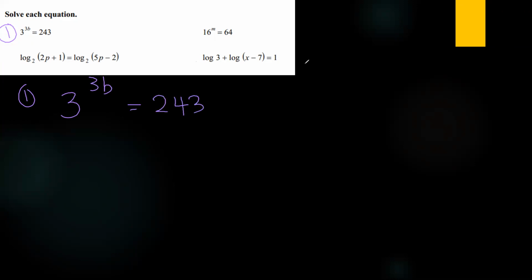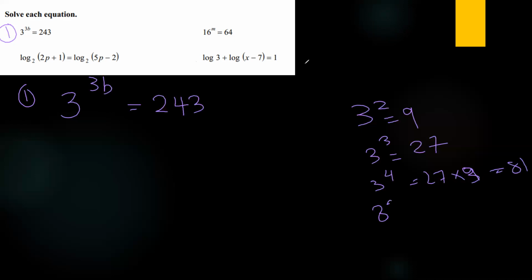As I solve it now, I have to remember that 3 squared is 9, 3 cubed is 27, and 3 to the power 4 is 27 times 3, which is 81. And 3 to the power 5 will be 243. So as you see from here, 3 to the power 5 is 243.